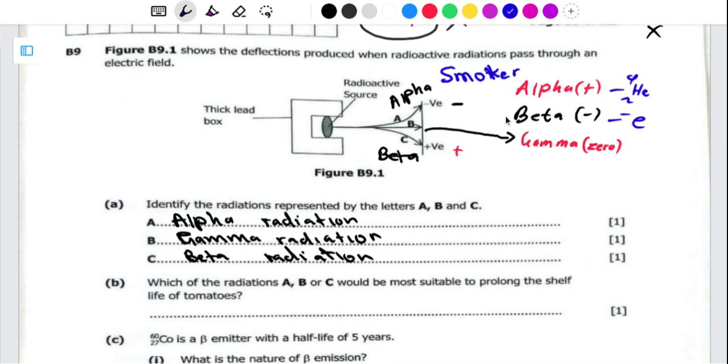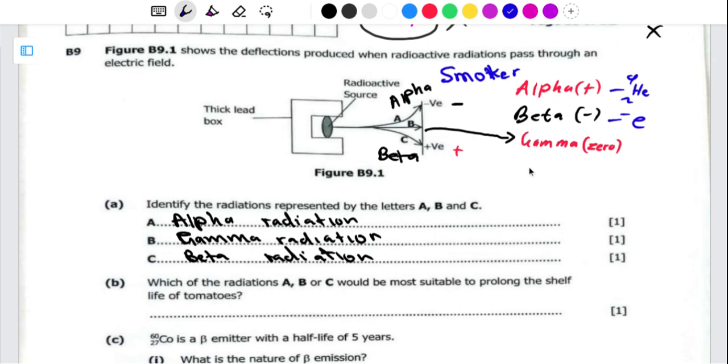Then another thing, we have beta. Beta is mostly used in monitoring concrete, if there are cracks there, or in monitoring pipes. If there is leakage, you can use beta.